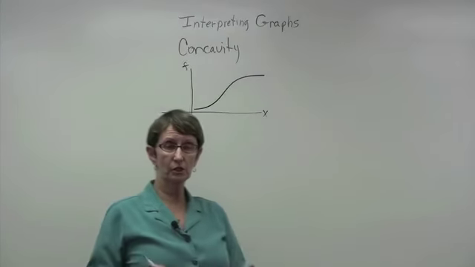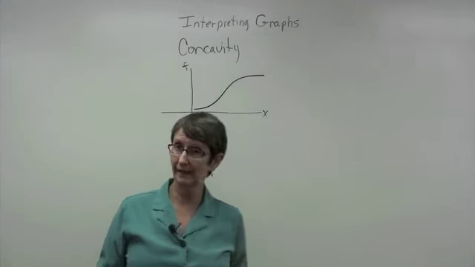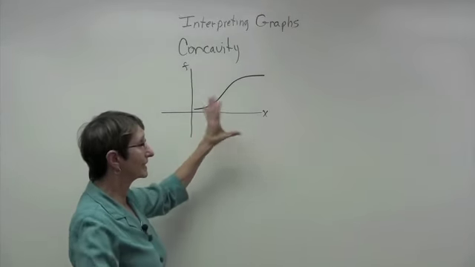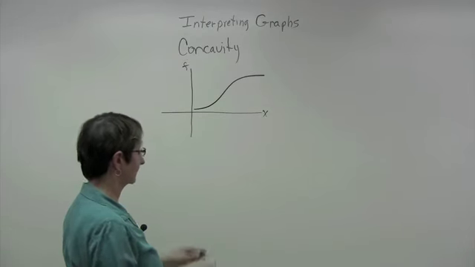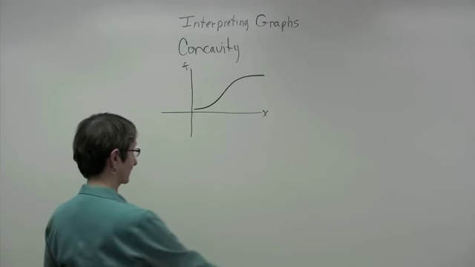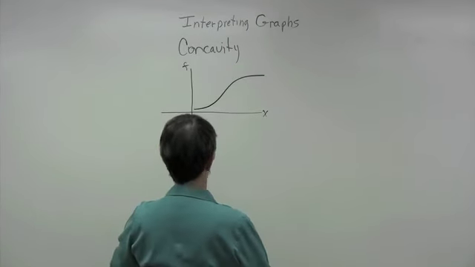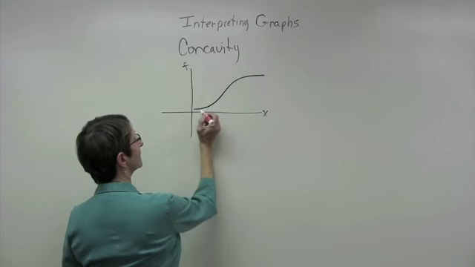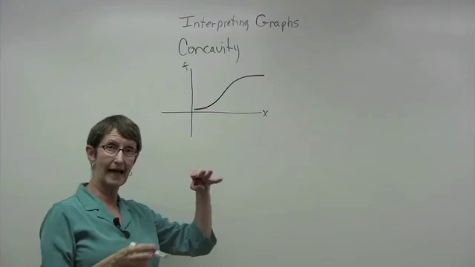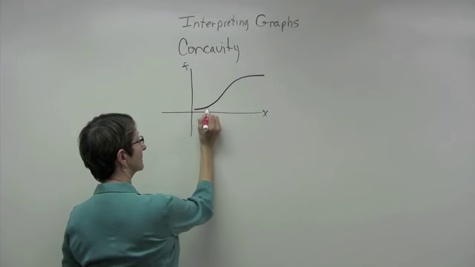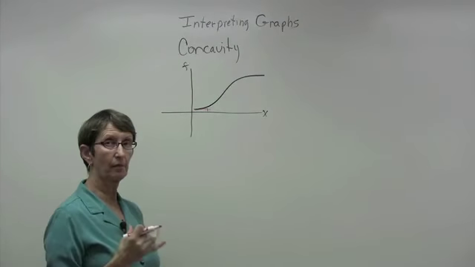Now this function doesn't just go all up or all down. If we look at tangent lines as we move from left to right, down here my tangent line is positive and very flat. So this is a positive slope, but very small.